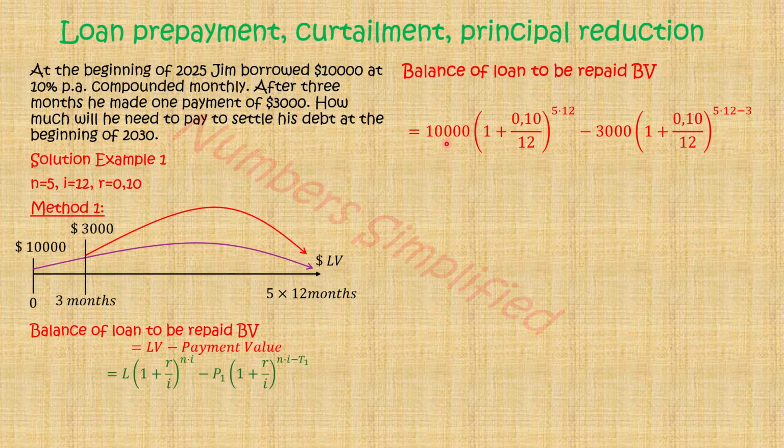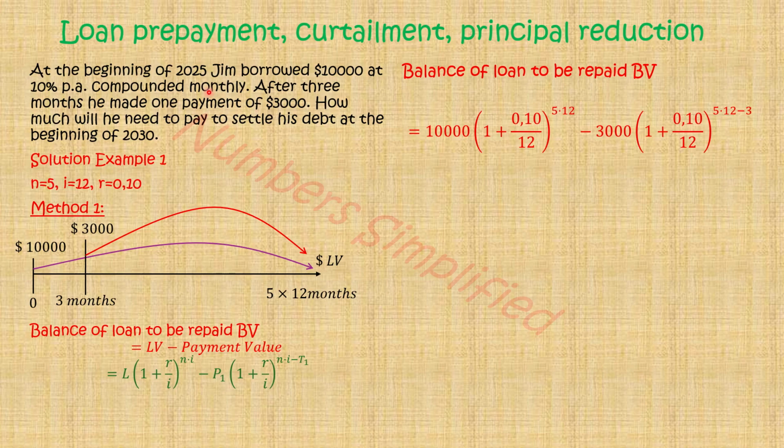considering the value of the loan itself, we substitute. L is the value of the loan at time 0, which was just 10,000. So we're going to have 10,000 times 1 plus, and recall, our interest rate is 0.10 or 10%, divided by the compounding period, which is 12 times in a year. Remember, the periods are the number of times this is compounded in a year.